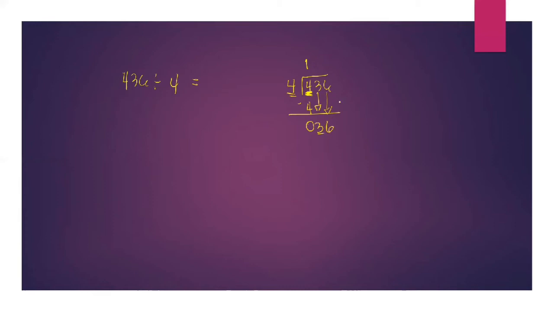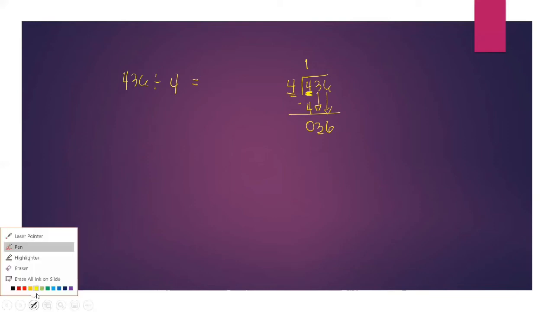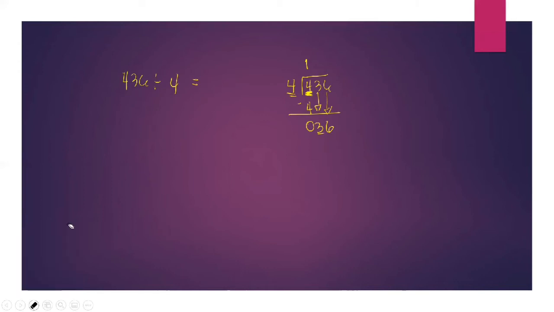Now, can we divide the 36 to our divisor? Yes. So, before that, let me erase it. Para hindi kayo malito, let's explain it one by one. Okay. So, when we bring down the digit 3 natin, when we try to divide 3 sa 4, cannot be.